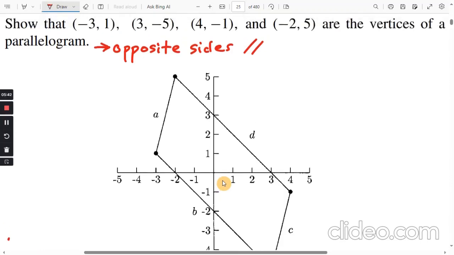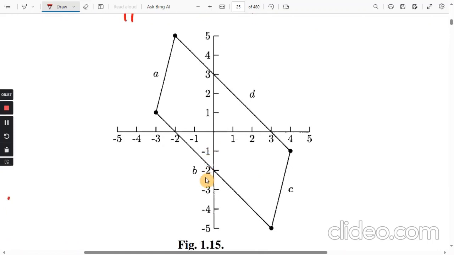Well, it depends. If they give you the points in order, going counterclockwise or clockwise, then you're okay. However, if the order of the coordinates are mixed, you're going to have to draw the parallelogram. You're going to have to graph it. And the reason is because you don't want to find the slope of the diagonals, okay?